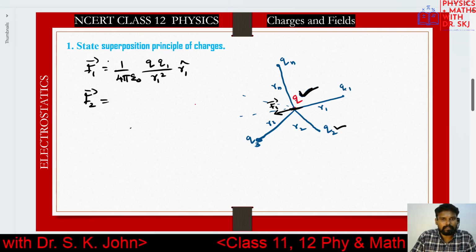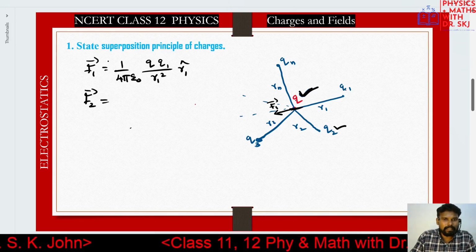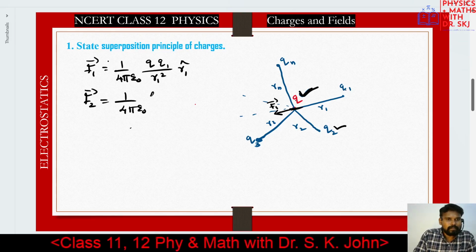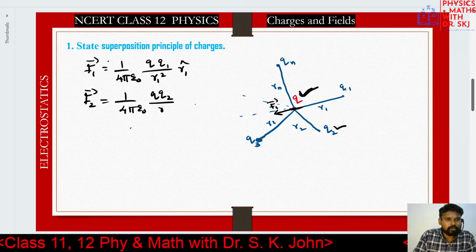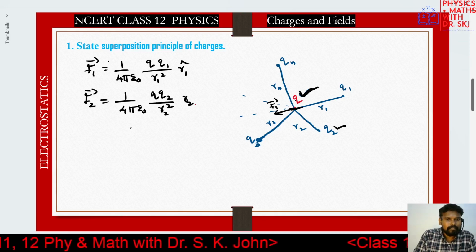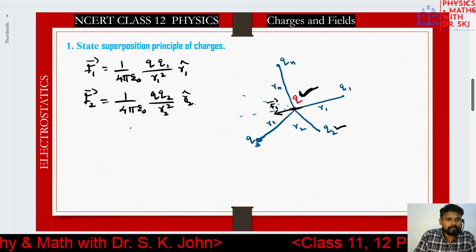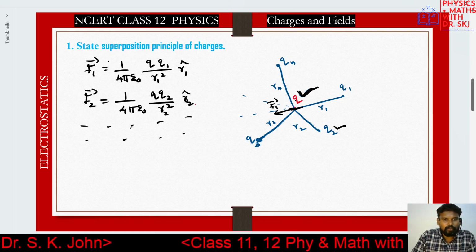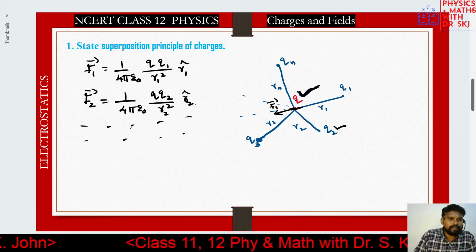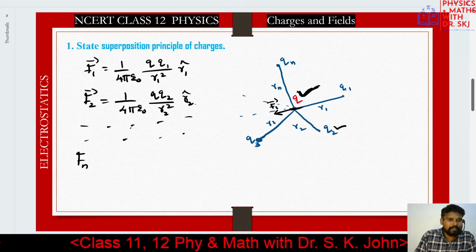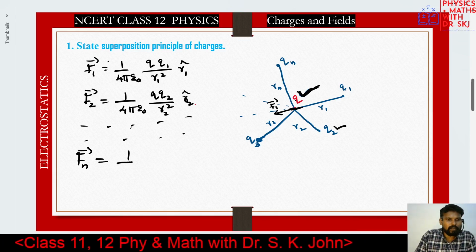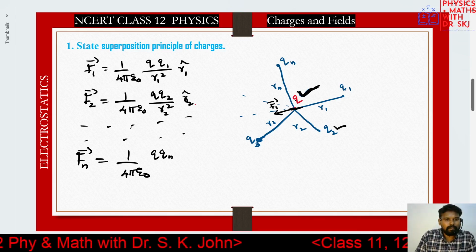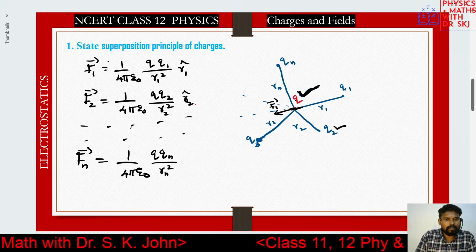That distance is r2, so we can write 1 by 4 pi epsilon 0 q2 by r2 square into r2 cap. Similarly, we can find the force on q due to all the individual charges, and finally Fn is 1 by 4 pi epsilon 0 qn by rn square into rn cap.